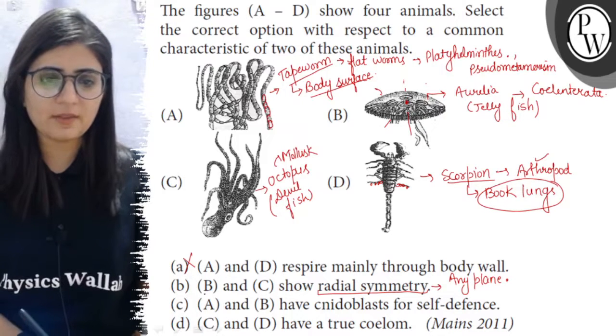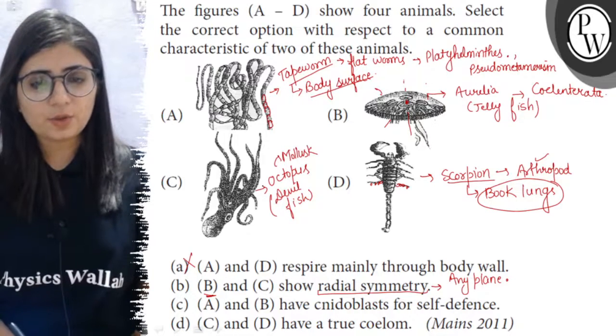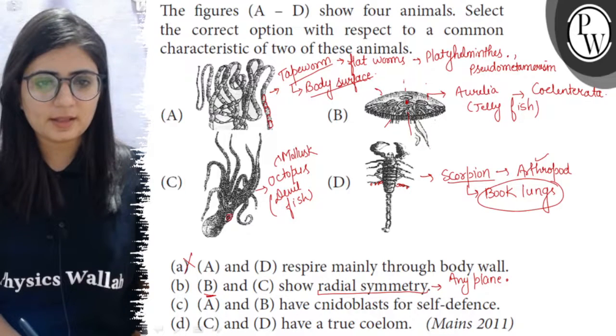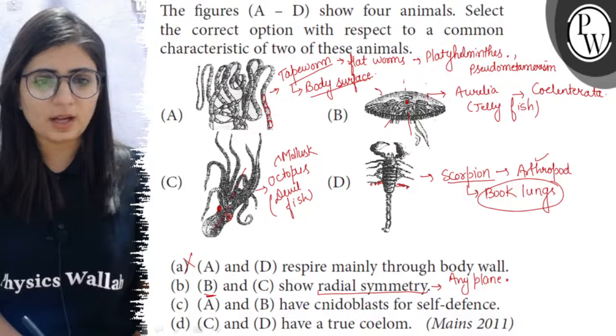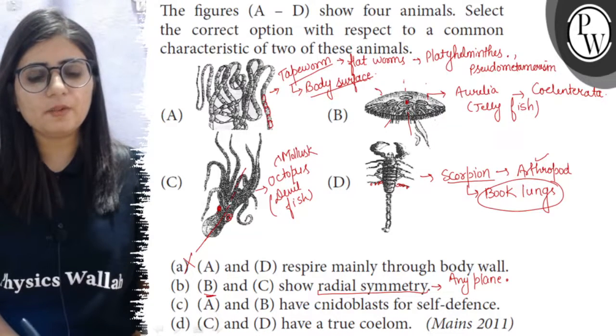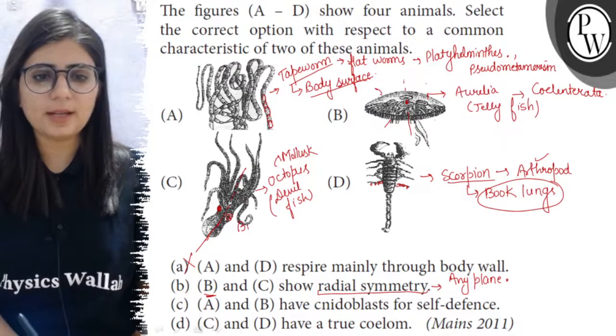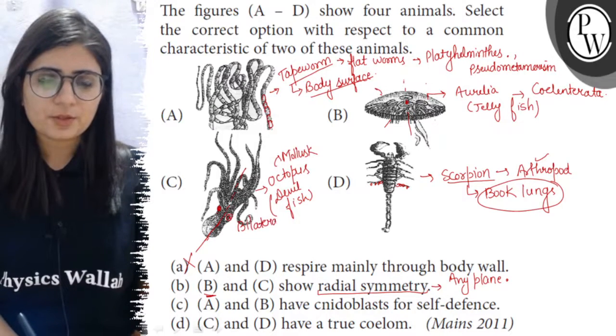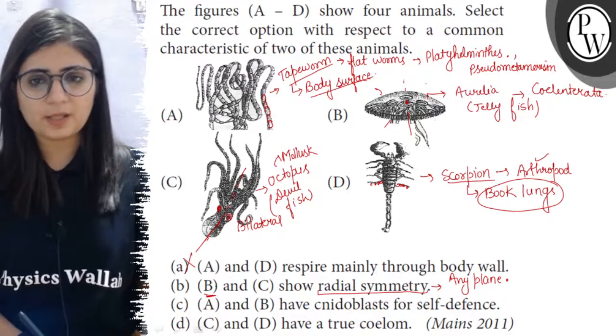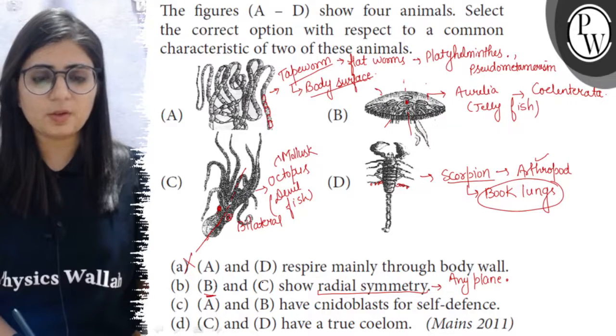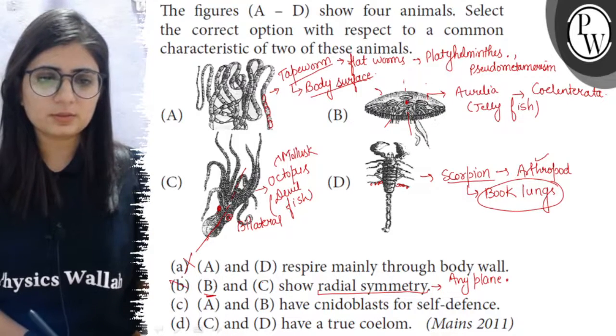So Aurelia is having radial symmetry, but octopus, you can see its eyes, I think. Now these are located on left and right hand side, so we can divide its body into two equal halves or similar halves by only one plane. So this is having a bilateral symmetry. So this statement is correct with respect to jellyfish, but not with respect to the octopus.